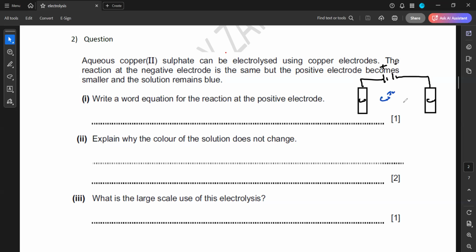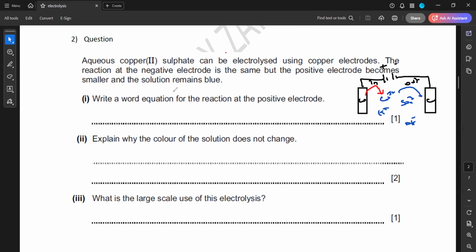So there's a copper ion, a sulfate ion, a hydrogen ion, and a hydroxide ion. Copper is less reactive, so copper will move towards the cathode. But because the anode is also made up of copper, the copper atom will go into the solution as a copper ion. So when one copper is going out of the electrolyte, at the same time another copper ion enters the electrolyte. That's why the solution won't change color, because the concentration of the copper does not change.